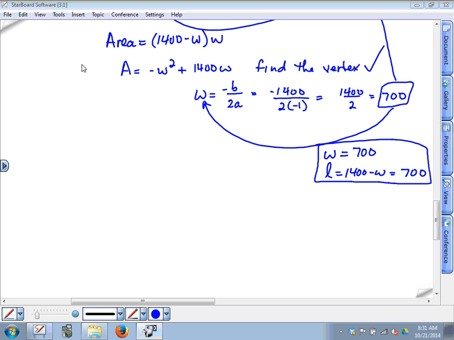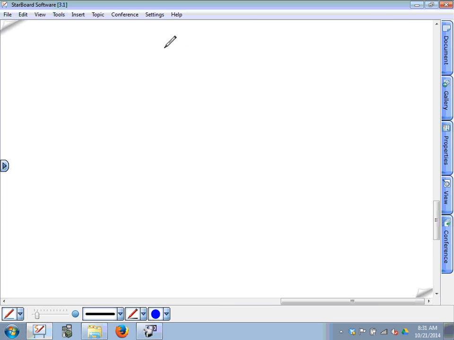Well, we don't have time to go through the whole thing, but just consider this. What if it was the same problem, 2,800 feet of fence, but this time, for whatever reason, maybe there's some natural barrier like a ravine or something, what if this guy's only going to enclose it on 3 sides?